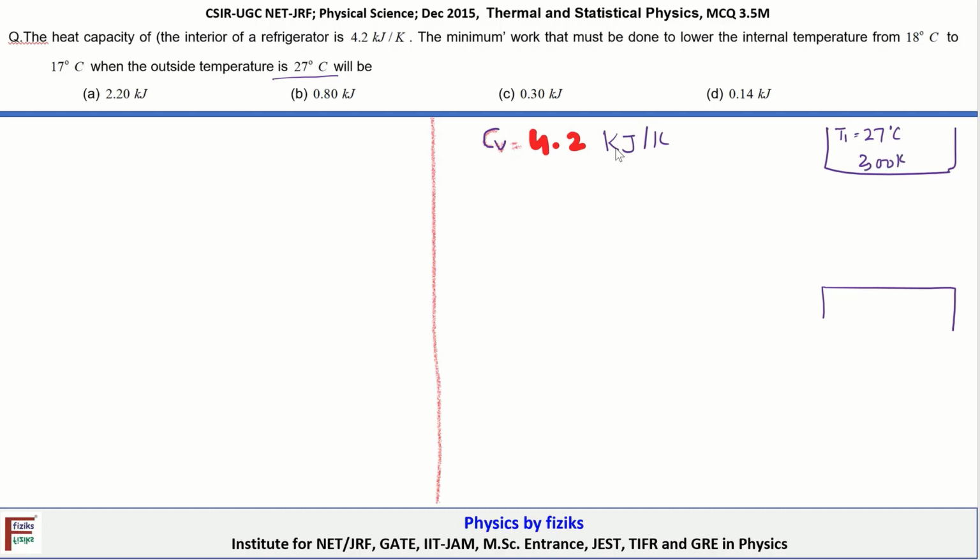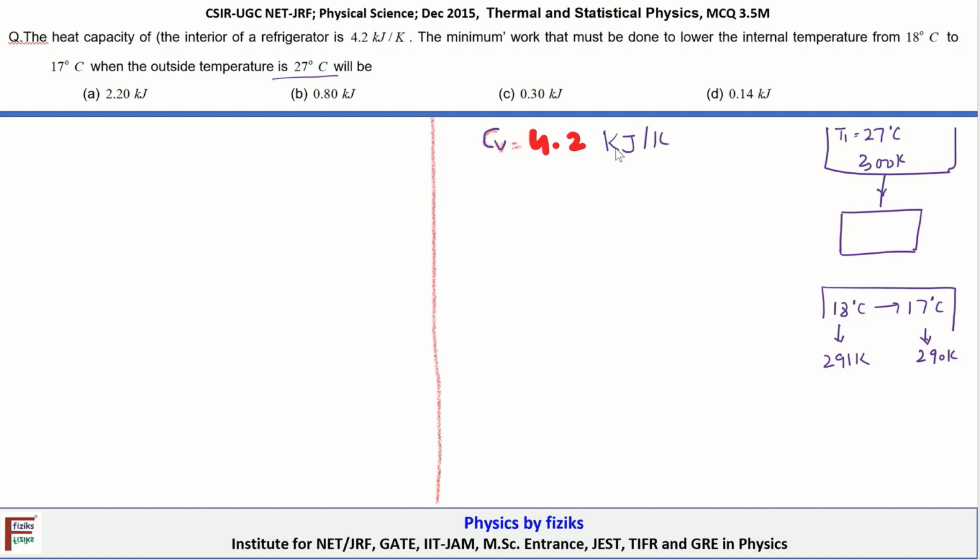The temperature of the lower reservoir changes from 18 degrees Celsius to 17 degrees Celsius. So there is a temperature difference of 1 Kelvin, and the corresponding temperatures in Kelvin are 291 Kelvin and here 290 Kelvin. So this is the schematic diagram, this entire cyclic process.